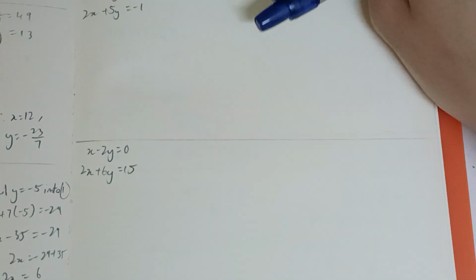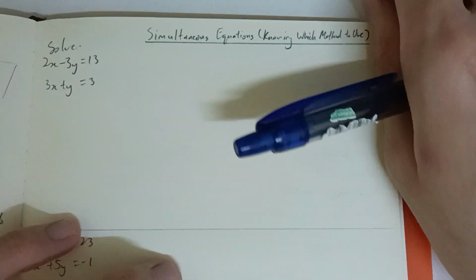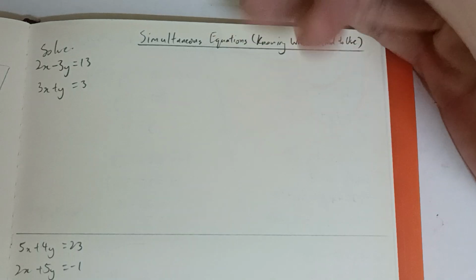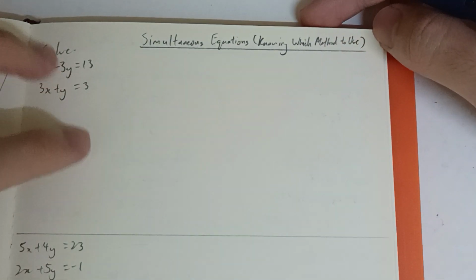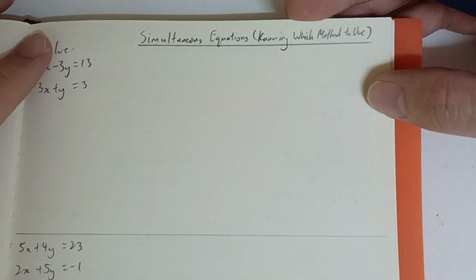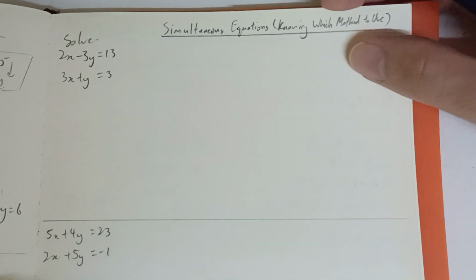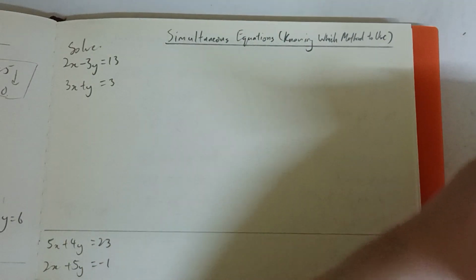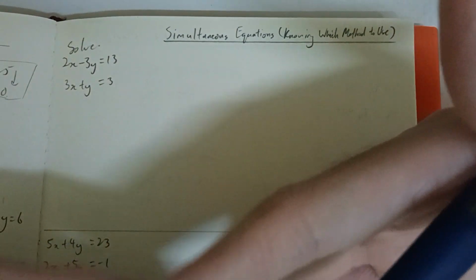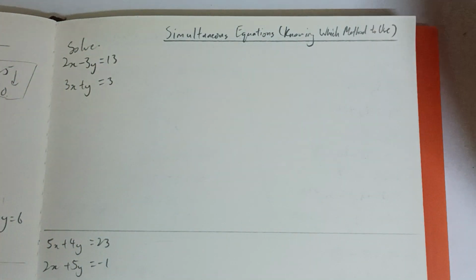In this case, I will show you. So again, it really depends on the situation and how much you want to cram your brains to figure out which method you want to use. But let me just show you what I mean by how you know which method to use.